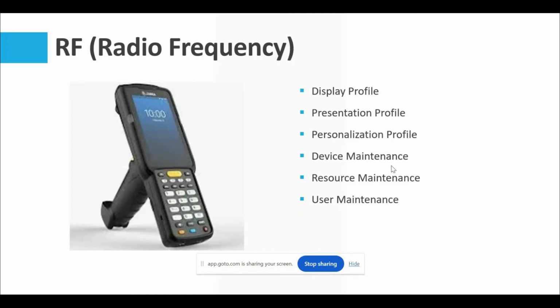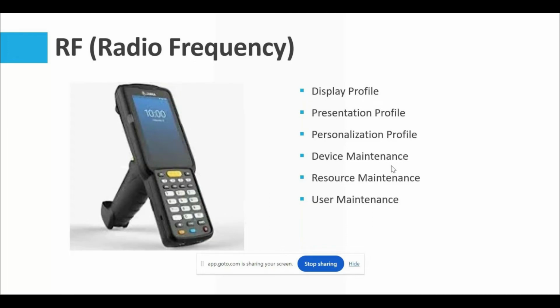Now, when you start building an RF application, the first and foremost configuration object for an RF application is the display profile. For example, a business can use one RF device in the complete warehouse, or it can use multiple RF devices in the warehouse. For us, each device in a warehouse should be created with a profile.